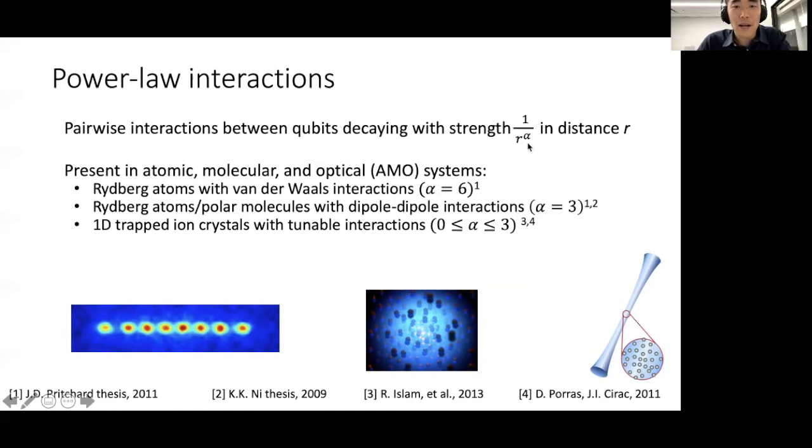These interactions are present in AMO systems. In Rydberg atoms, you can have van der Waals or dipole-dipole interactions. You can have polar molecules with dipole interactions. And you can also have 1D trapped ion crystals with tunable power law interactions.